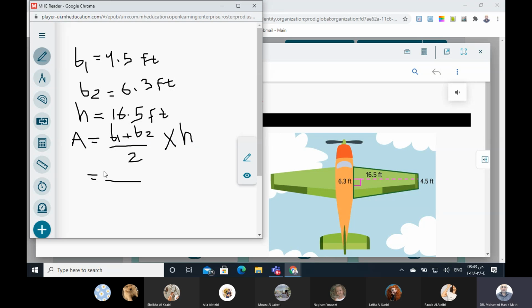P1 is 4.5 plus P2 is 6.3, divided by 2, times the height, which will be 16.5.